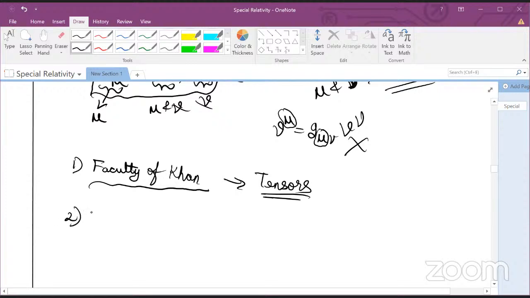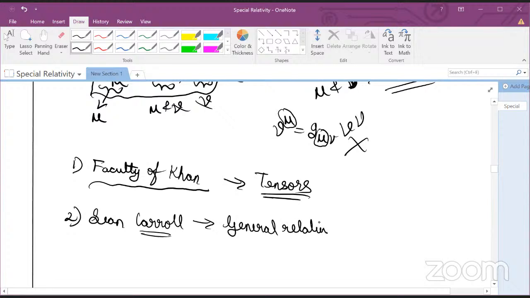The second one is a book by Sean Carroll, his book on general relativity. The first few chapters on special relativity in this book are very good. One thing to remember is that the metric signature Sean Carroll uses is minus plus plus plus.